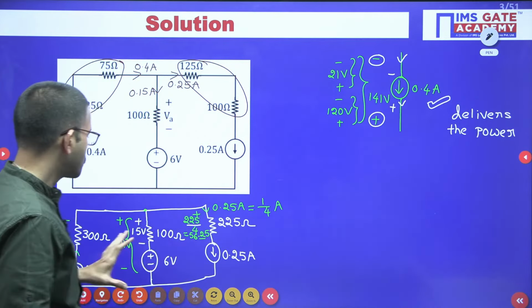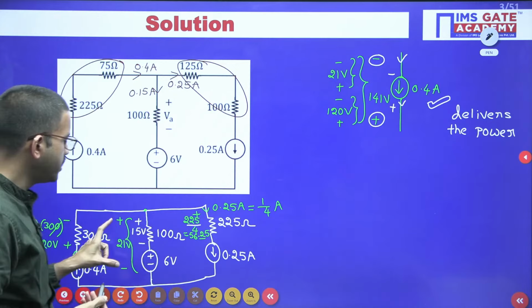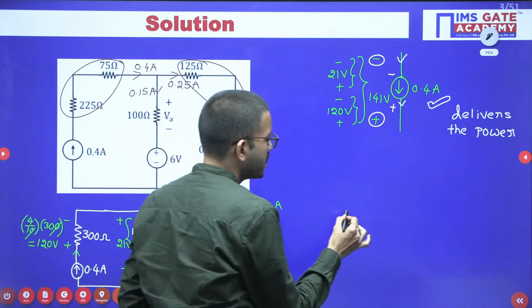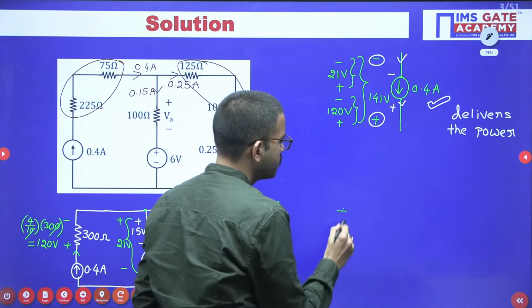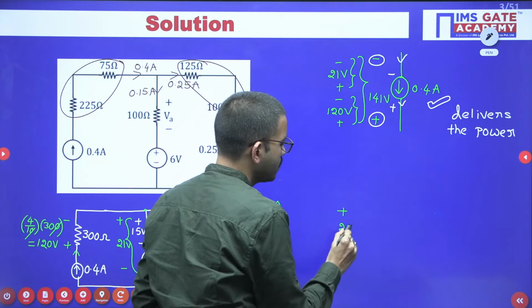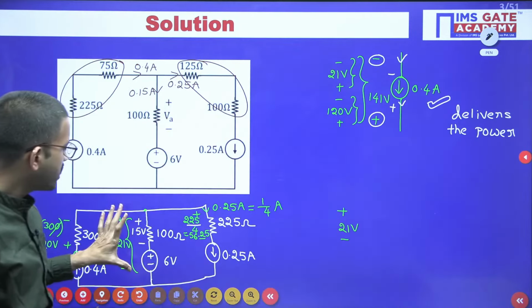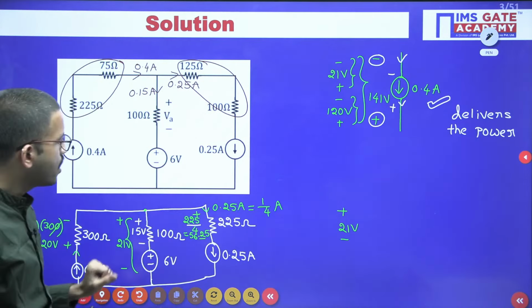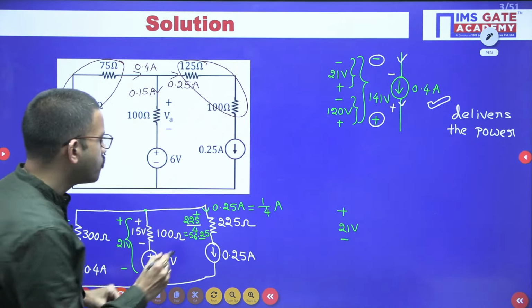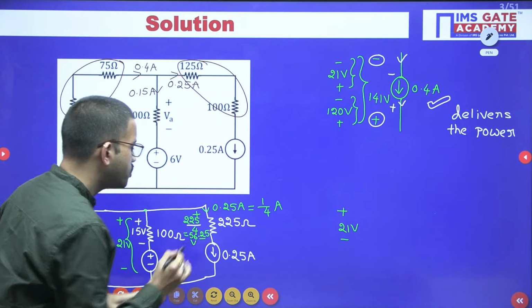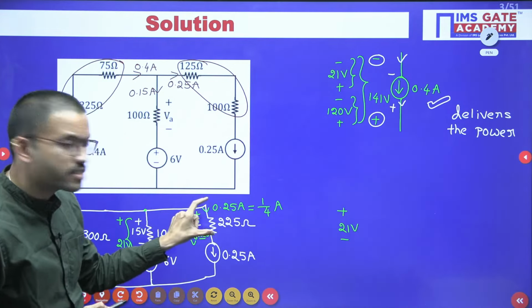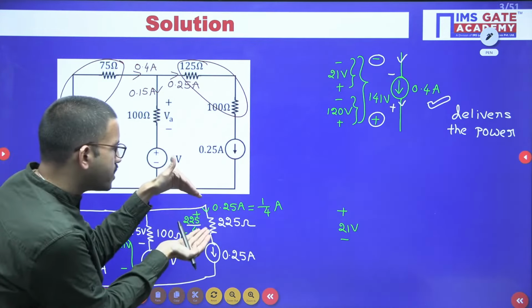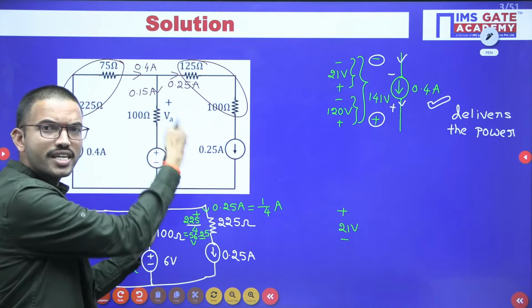Okay, so regarding this one, we already calculated that polarities are plus minus 21 volts. So for the timing, I am keeping this branch as it is. Okay, now whatever voltage you got here, 56.25 volts across this particular resistor, right? Now this particular resistor, for the timing I am placing vertically like this.